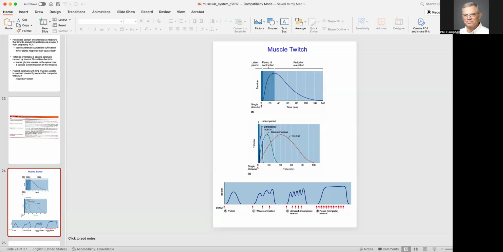Now, the reversal of this is relaxation. Now, this requires the pumping of calcium back into the sarcoplasmic reticulum. This requires ATP, i.e. energy. This also requires time. So typically speaking, your muscle twitch, the contraction period, is shorter than the relaxation period.